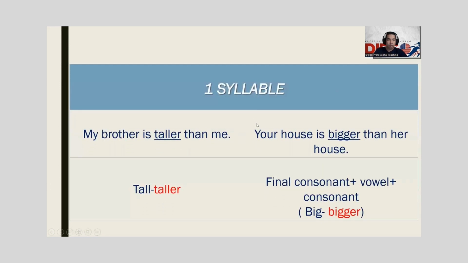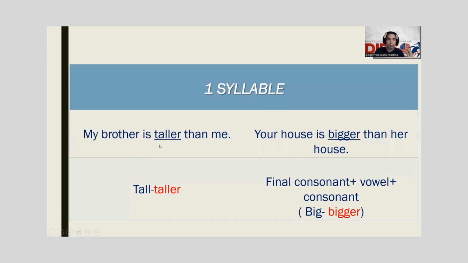First of all, we need to check when the word you're going to use for making the comparison has one syllable. This is a rule. In this case, my brother is taller than me. I'm comparing people, I'm comparing characteristics. Tall is an adjective.